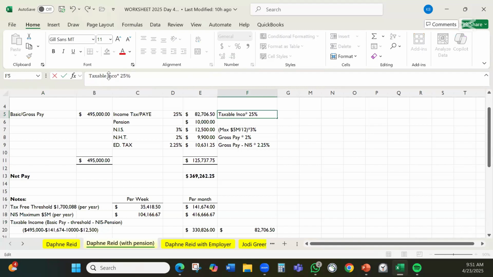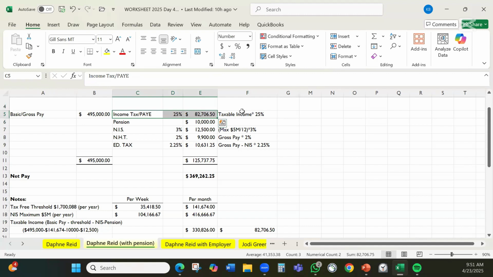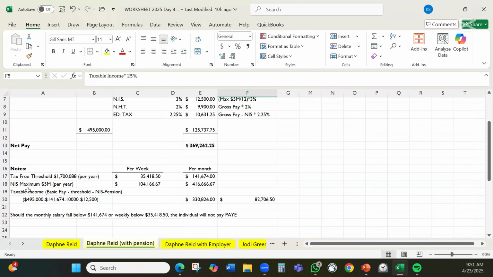So here, your income tax is your taxable income at 25%. And down here, I explain what taxable income is. Your taxable income is your basic pay minus the threshold, minus the NIS, minus the pension.